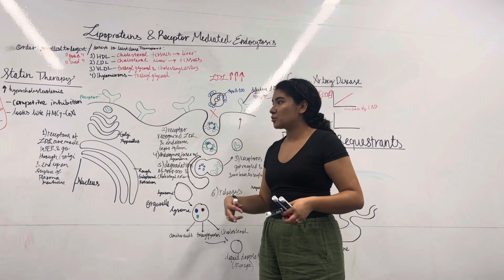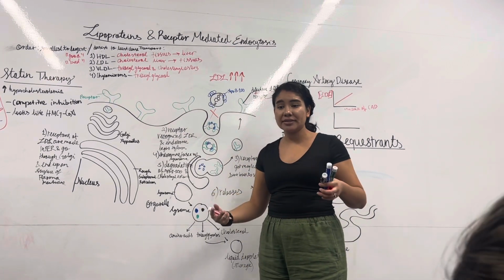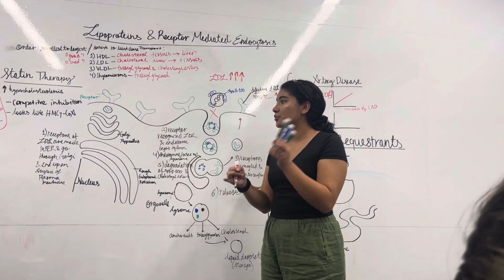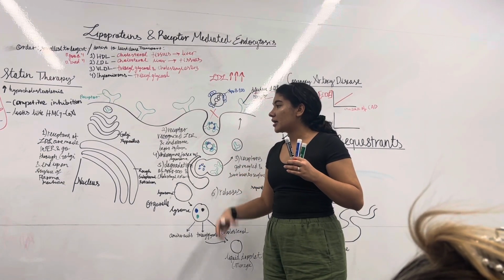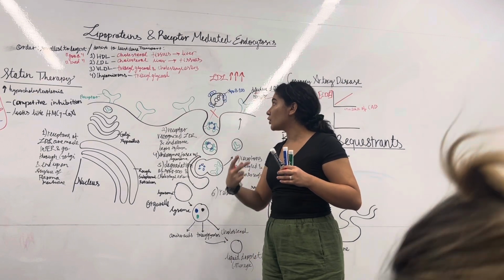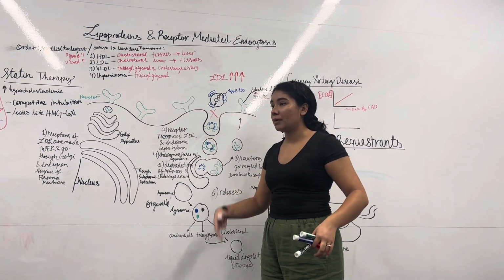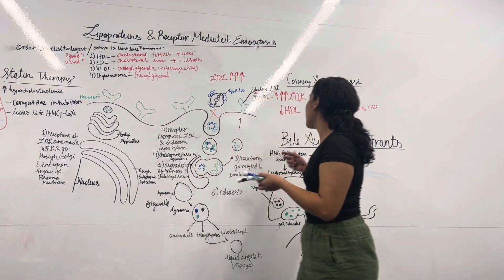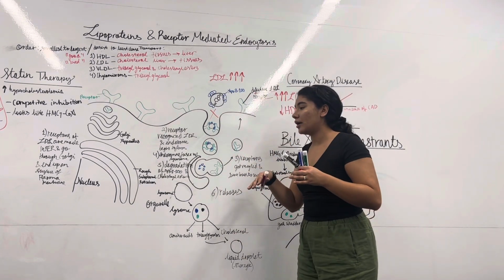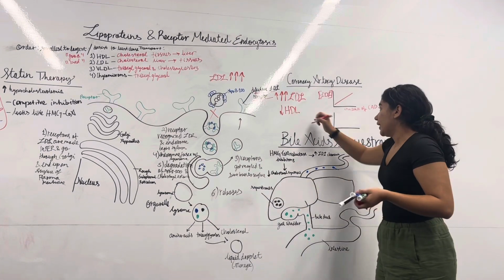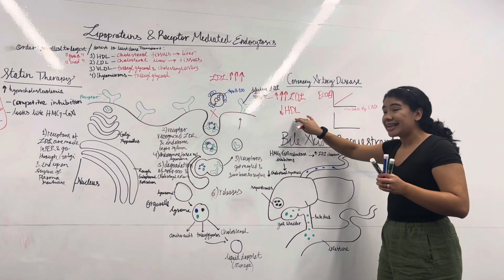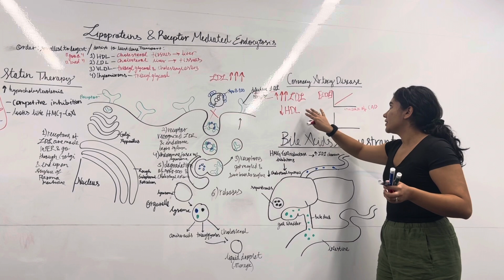And that's good, right? Because we want that cholesterol repurposed to create bile acids, to create steroids. So if your body is not capable of bringing back those cholesterol molecules because you have low HDL, then that's going to be a problem, right? And that also is indicative of CAD.